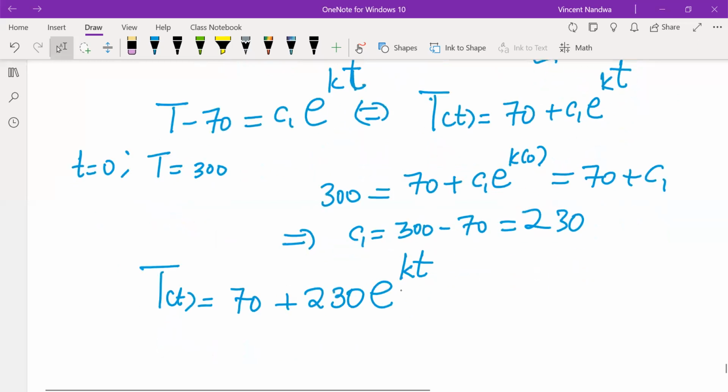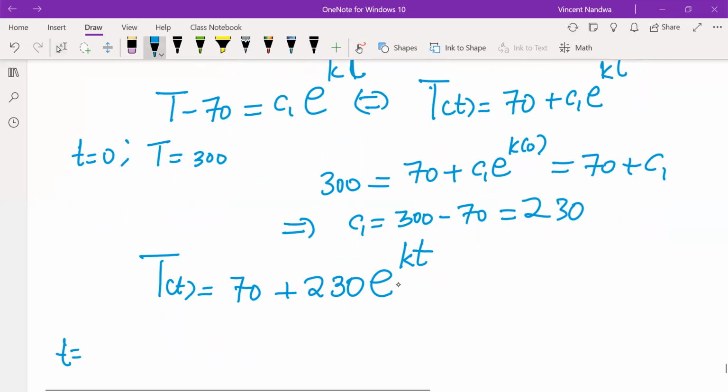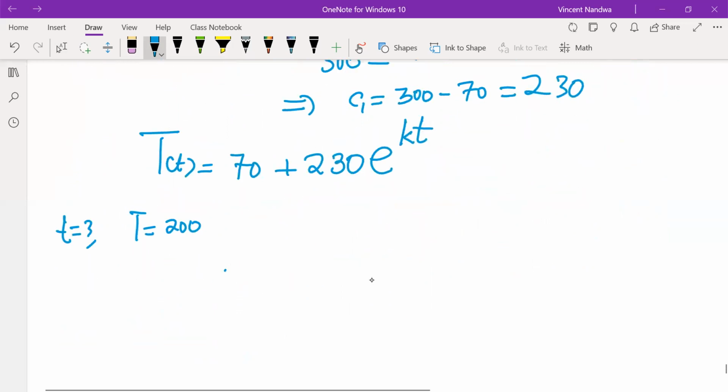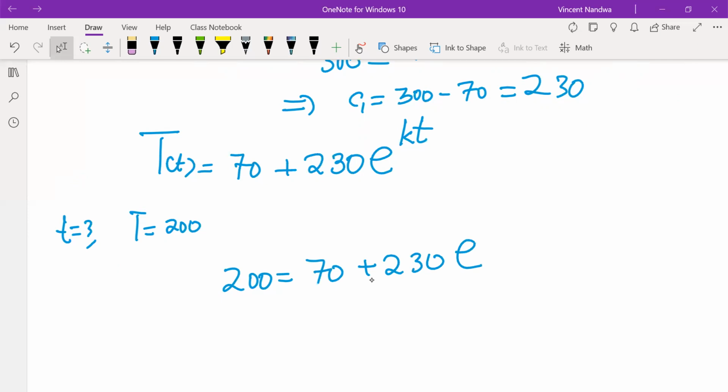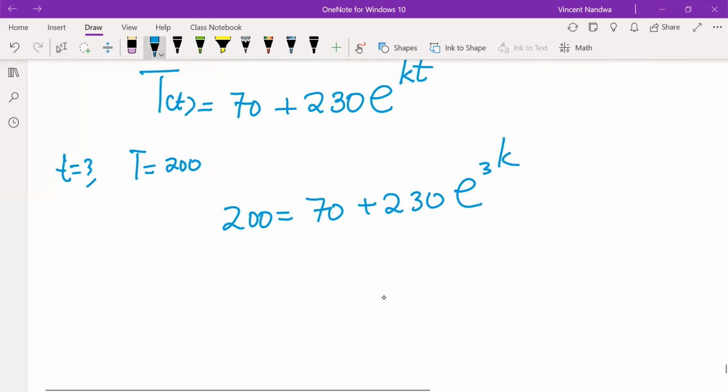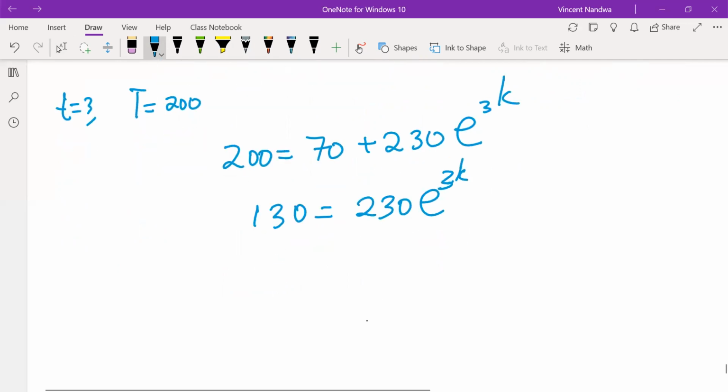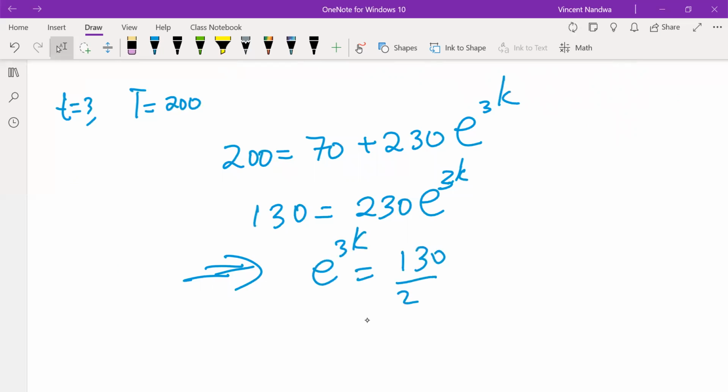Now, the next thing that you are remaining with is to find k. Also, when t is 3, T is 200. So we'll have 200 equals 70 plus 230 e raised to the power of, t is 3, so 3k. So 200 minus 70, we get 130. So 130 equals 230 e raised to the power 3k, which means that e raised to the power 3k equals 130 over 230, which is 13 over 23.